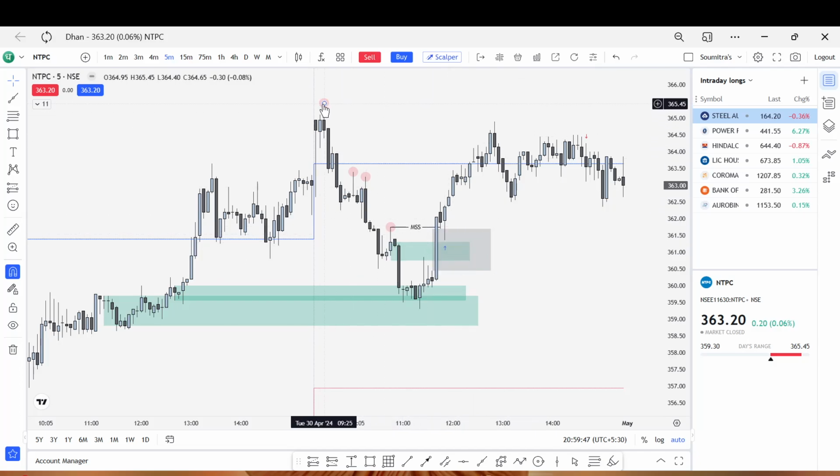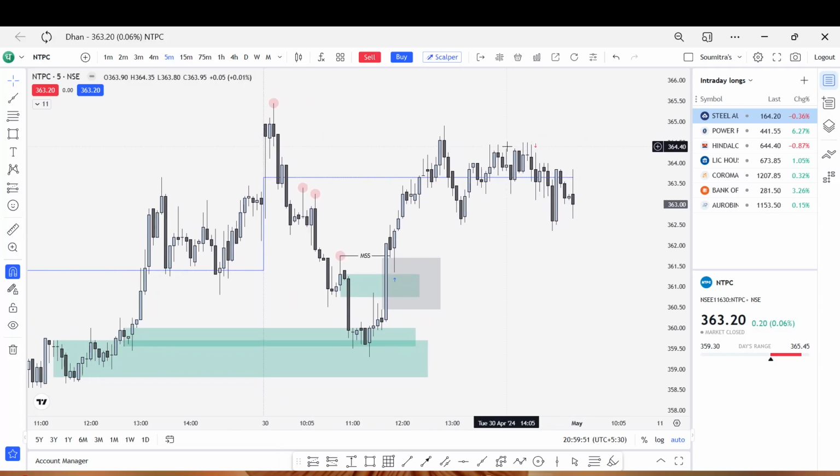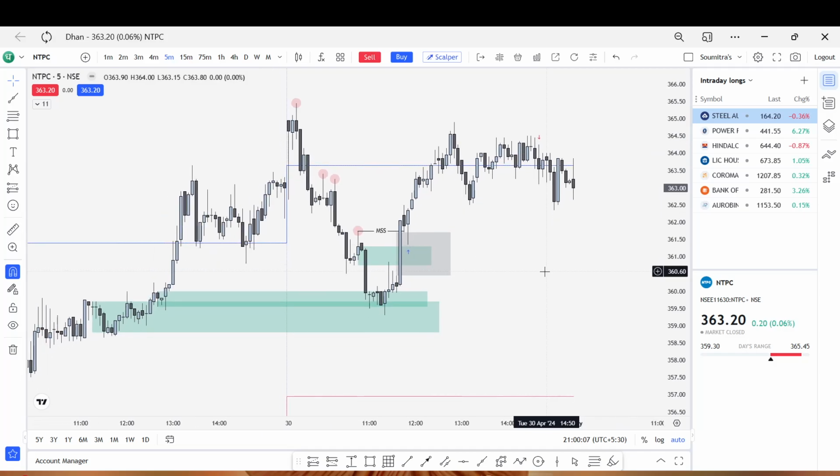We were targeting this point, but ultimately after 2 p.m. it started becoming too much sideways, consolidating too much. So at about 240, I exited without having any expectation of getting this further.